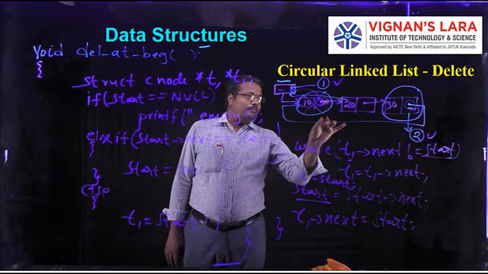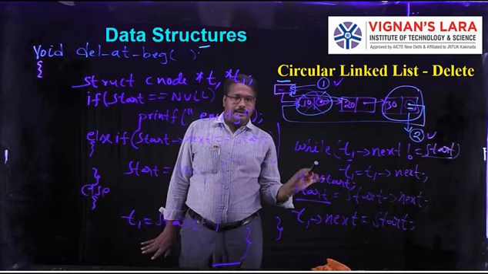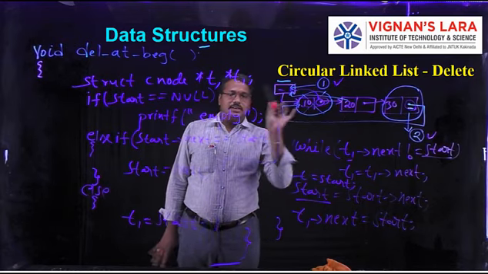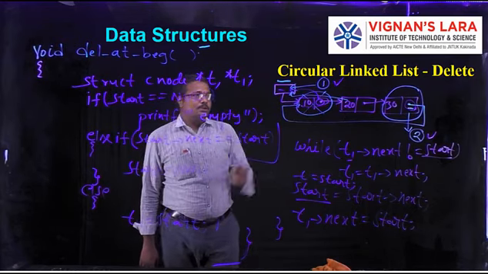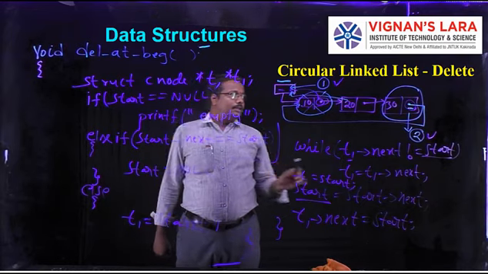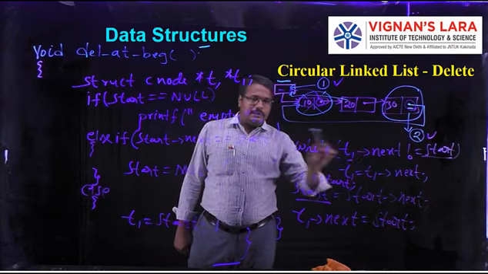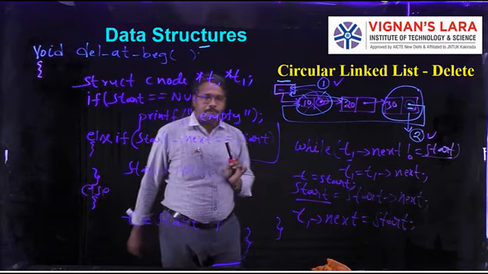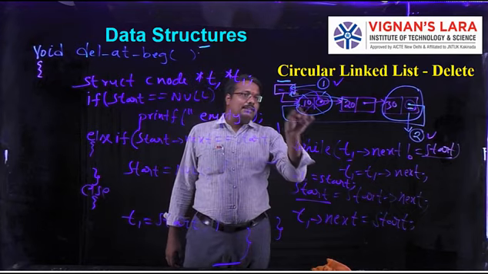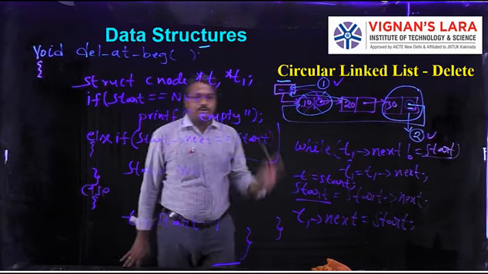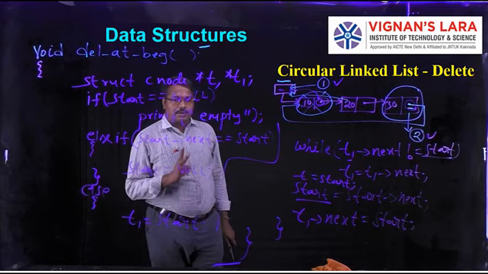When I am deleting the 10th node, from next time onwards 20th node is the first node. So here I want to change. That is the one thing. Second thing is, in a circular linked list, last node next field having starting node address. So here the starting node address is changed, so here also should be changed. So these are the two operations I want to do.